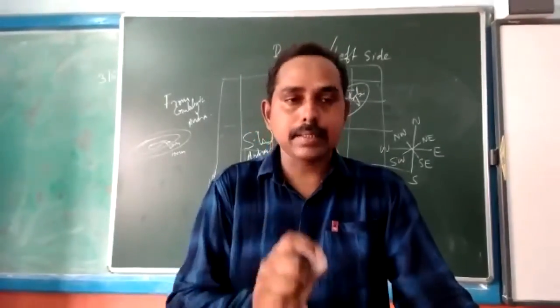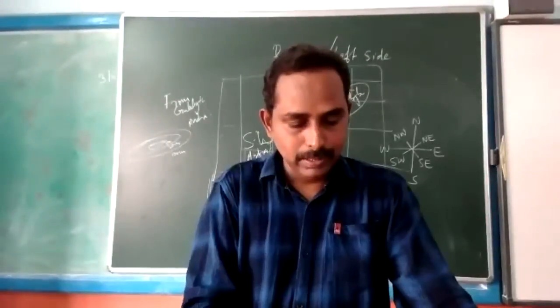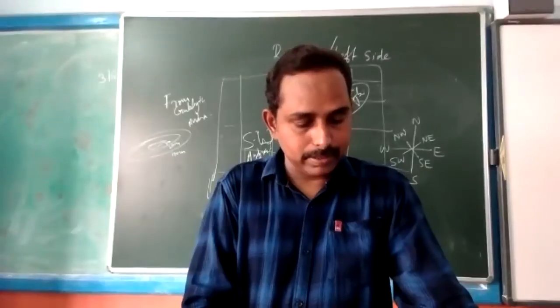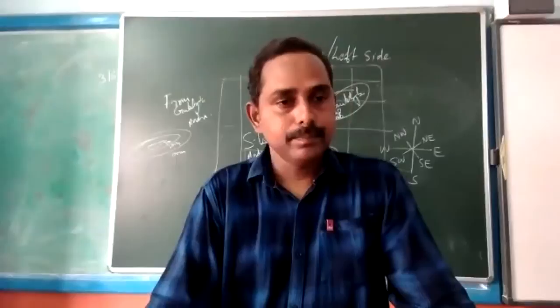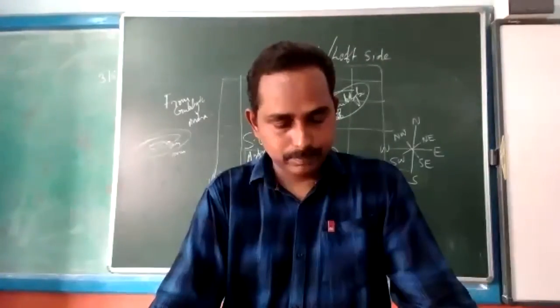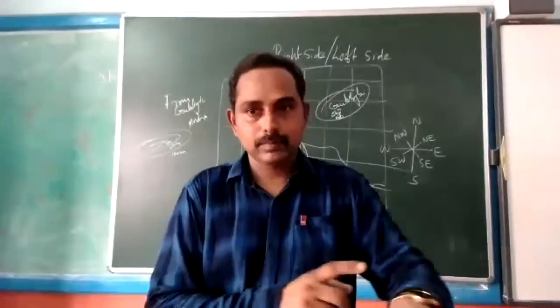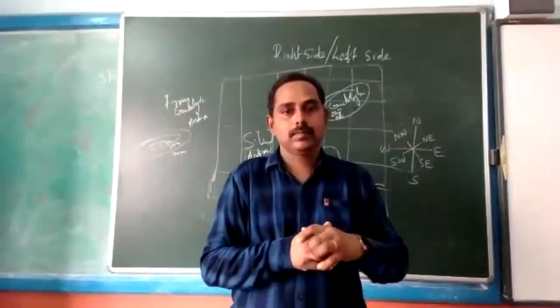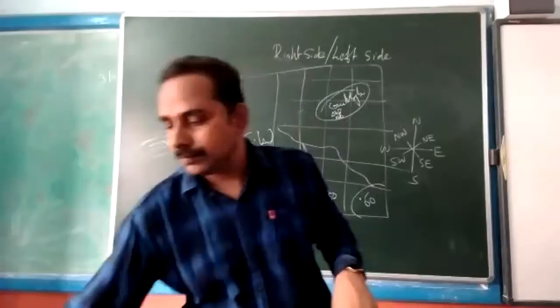That is why 6314 is the exact grid square for Chandela. Good, Prashant, you are correct. Then, anything else? You can ask your doubts now.